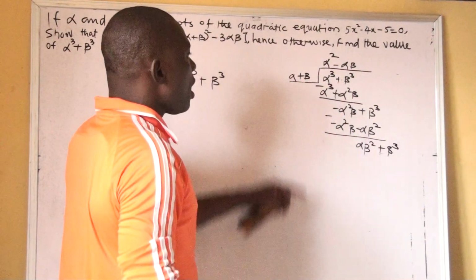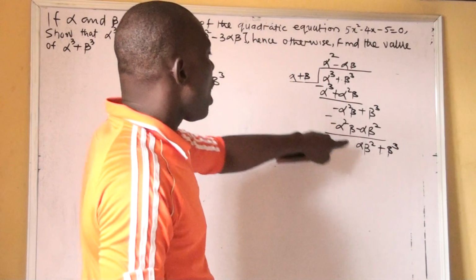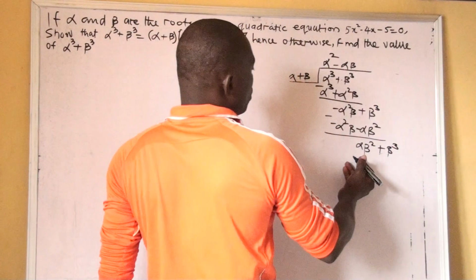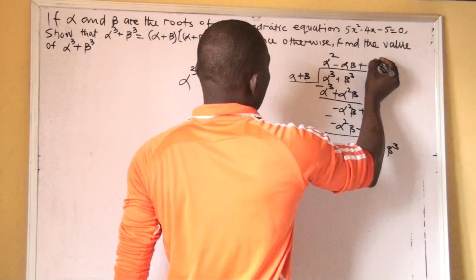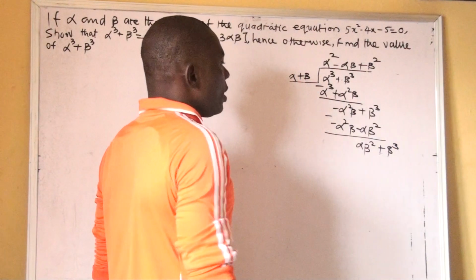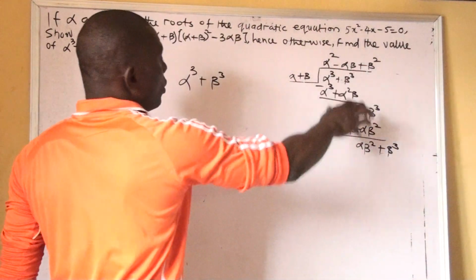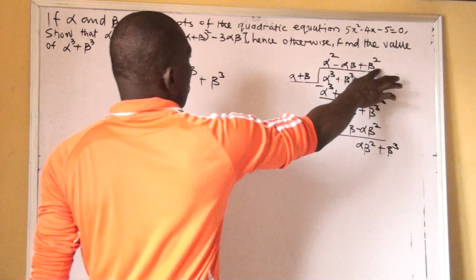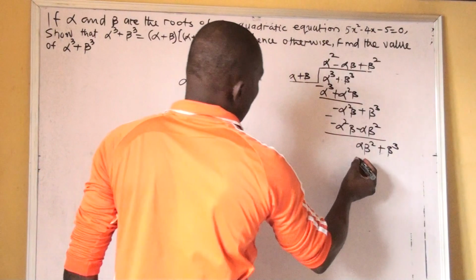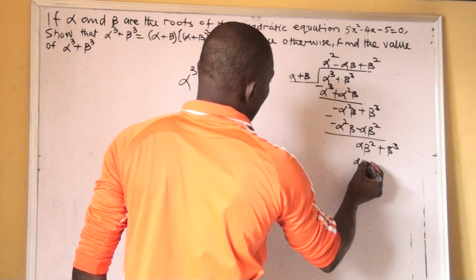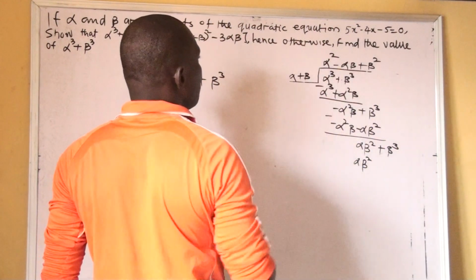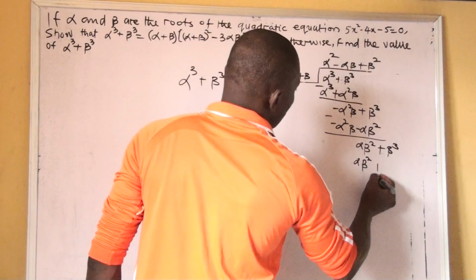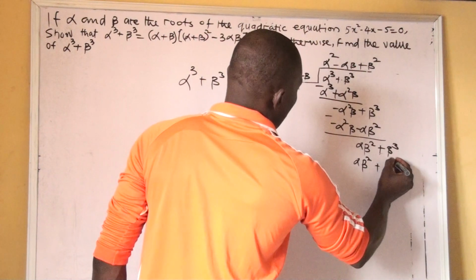So the next step, we divide with alpha, and alpha into alpha beta square will just give us beta square. Here the beta square multiplies the whole of the divisor: beta square times alpha will give us alpha beta square, then beta square times beta will give us plus beta cube.